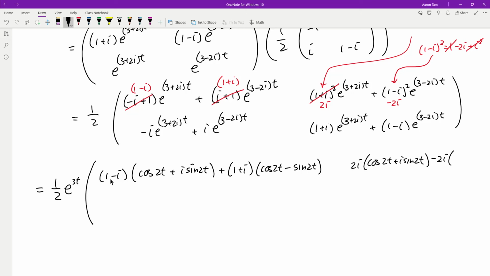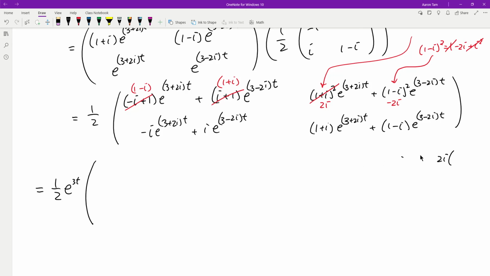Okay, you know what? I'm going to rewrite this and I'm just going to have to write smaller. Otherwise, I won't be able to fit everything. All right, let's try this again. This will be 1 minus i, cosine 2t plus i sine 2t, plus 1 plus i times cosine 2t minus i sine 2t.